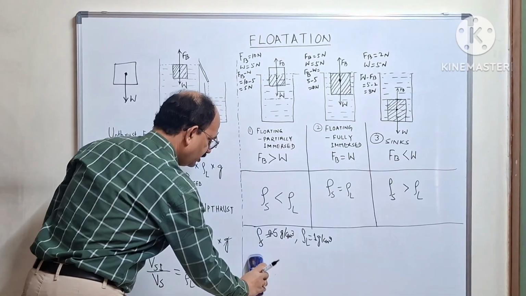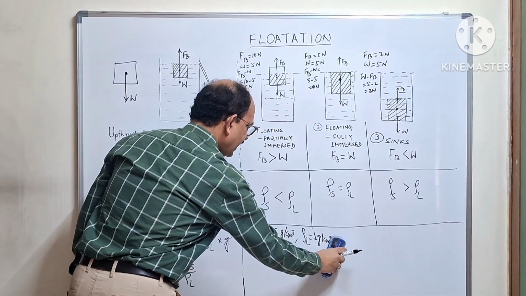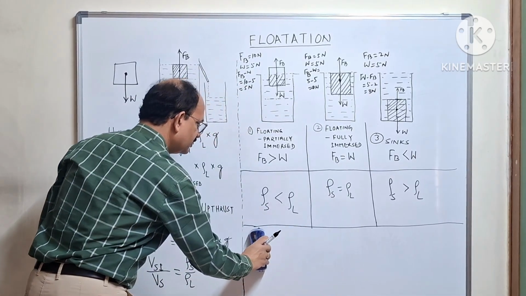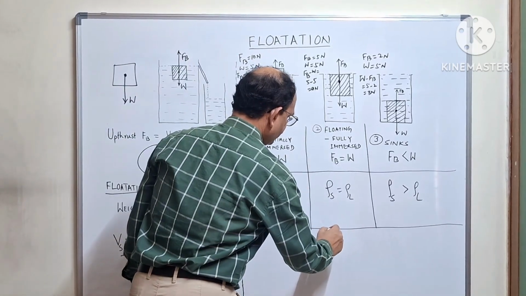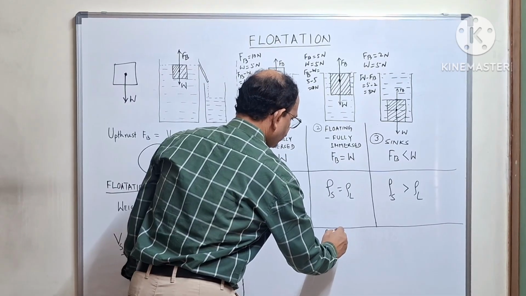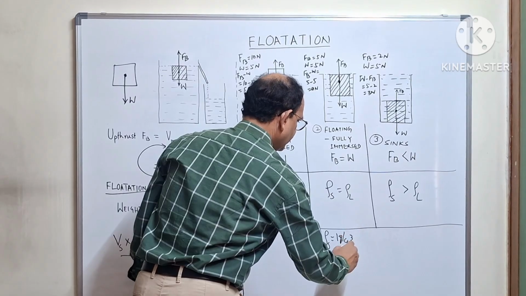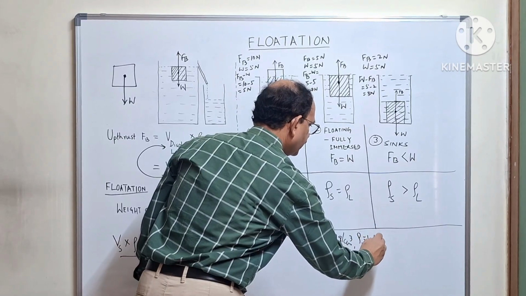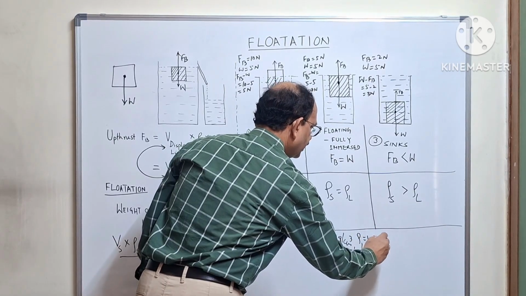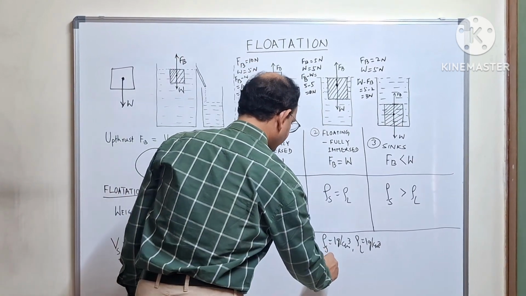Let's take another scenario, that the density of the liquid is exactly equal to the density of the solid. For example, rho S is also 1 gram per centimeter cube and rho L is also 1 gram per centimeter cube, which is the density of water. So what happens in this scenario?